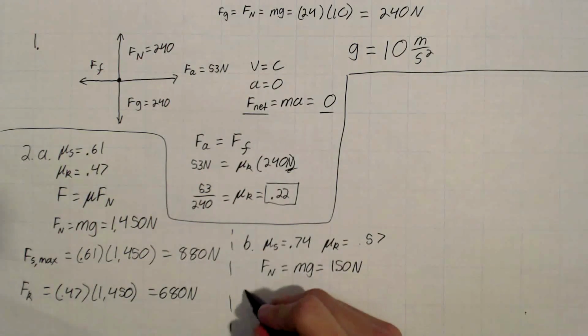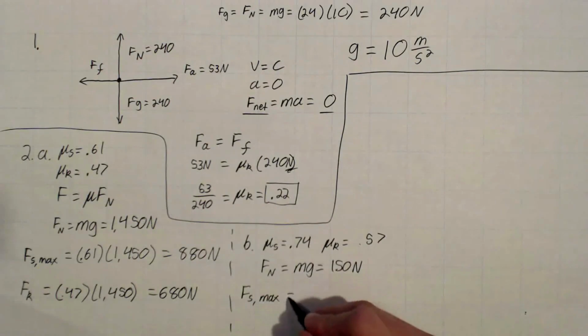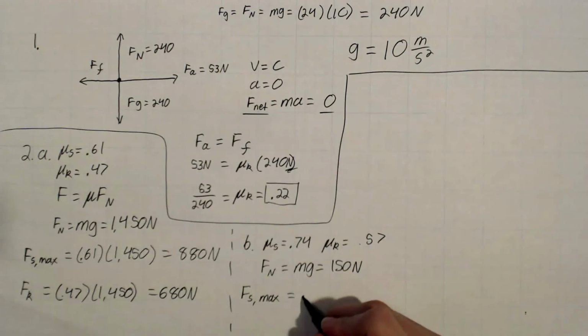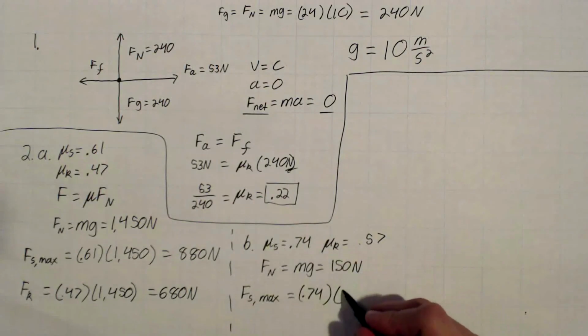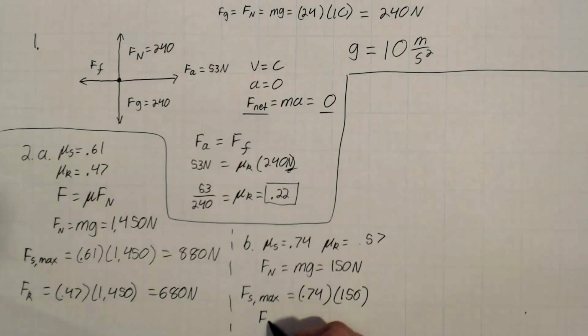And then to find our static max, we want to use 0.74, our coefficient of static friction, times our normal force, 150 newtons, to give us 110 newtons.